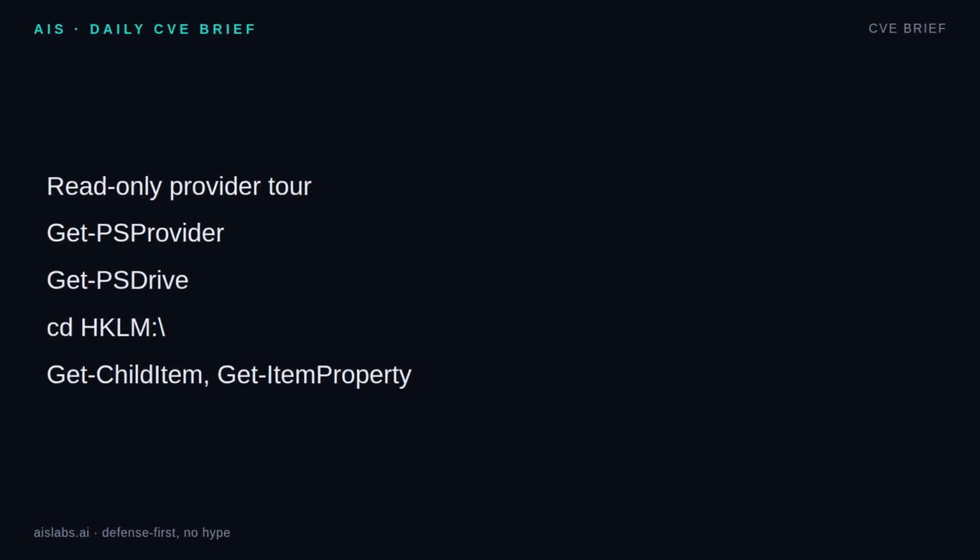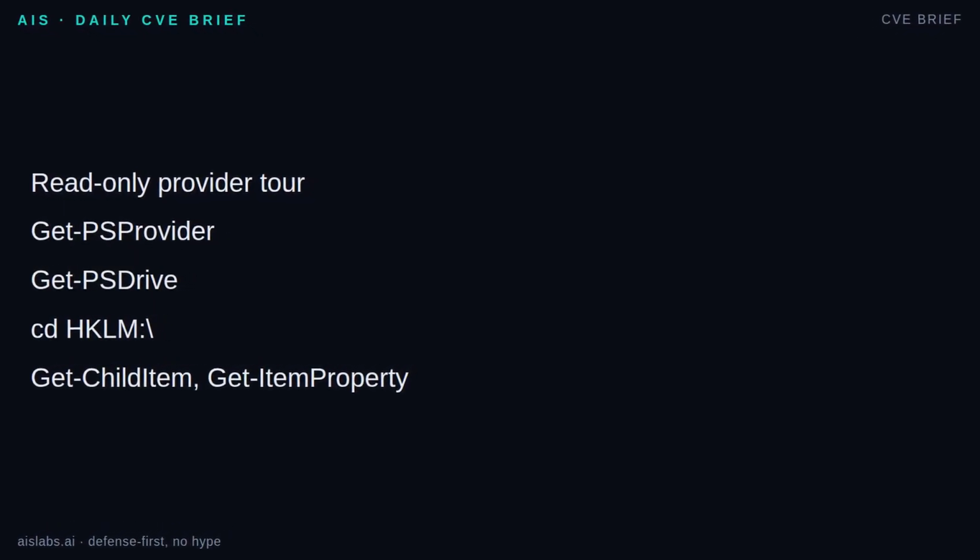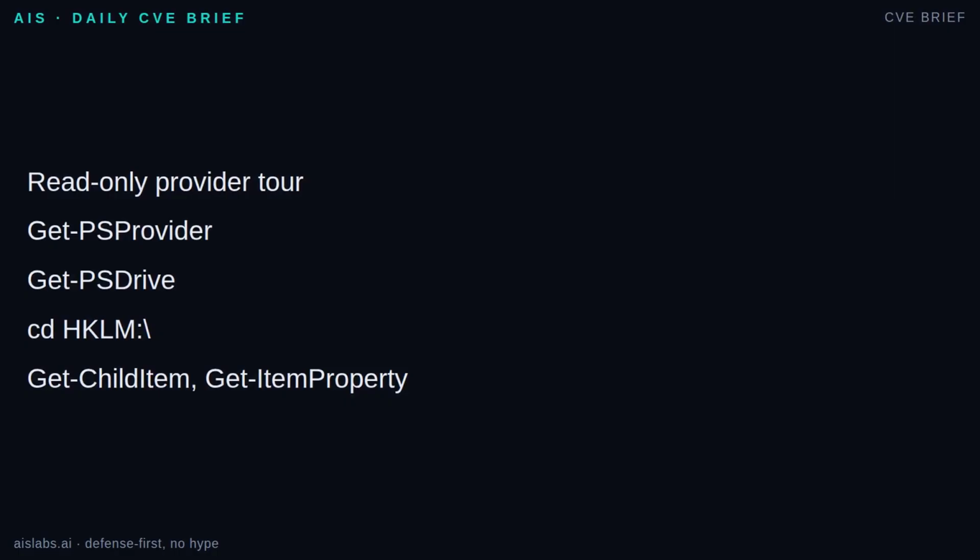Start with discovery. Run Get-PSProvider to see the providers loaded in your session. Then run Get-PSDrive to see the actual drives PowerShell has mounted. Now try cd HKLM: and run Get-ChildItem. You are not in a folder, you are walking a registry hive. For operating system version data, use Get-ItemProperty against HKLM:\Software\Microsoft\Windows NT\CurrentVersion.